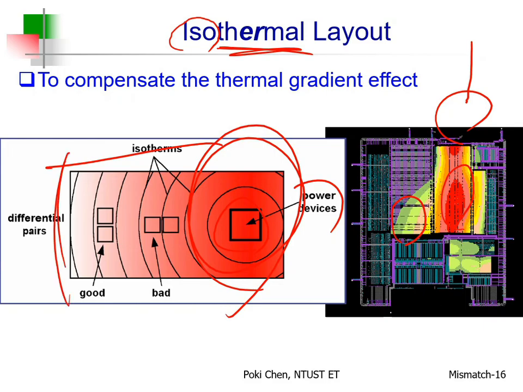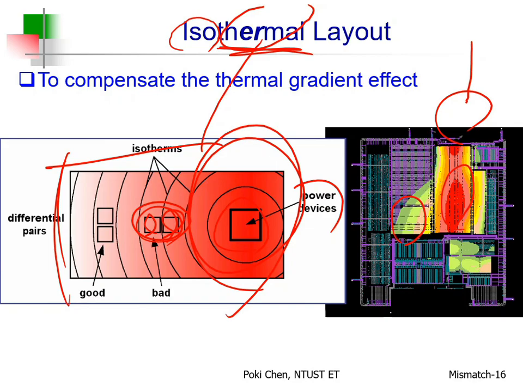So how to match two devices? This is a bad layout. Why? Because the right one needs to face higher temperature. Right? The thermal effect will be more on the right than on the left.